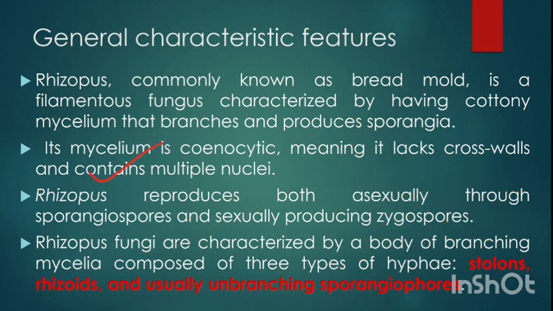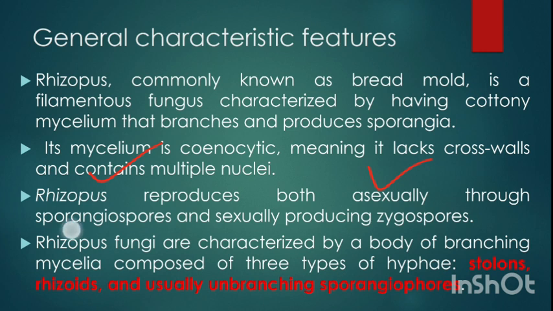Next, Rhizopus reproduces asexually by producing sporangiospores and chlamydospores. They can also reproduce vegetatively by fragmentation.